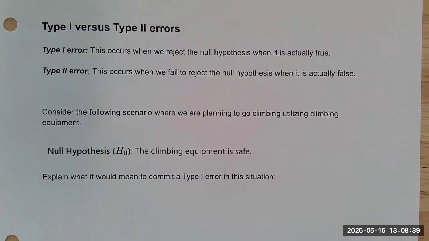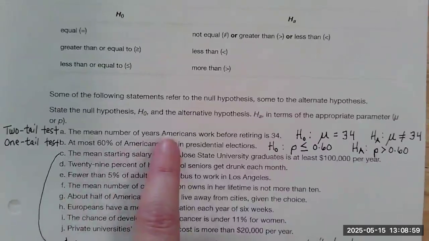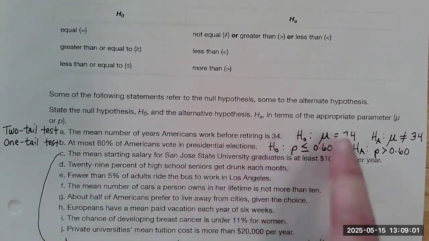A type 1 error occurs when we reject the null hypothesis when it turns out it's actually true. So if we went through one of our examples that we just did, we said that the null hypothesis for the mean number of years Americans work before retiring is 34.